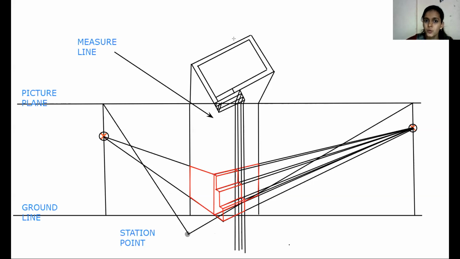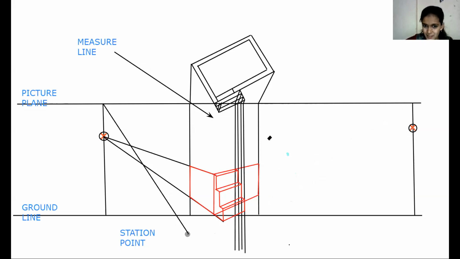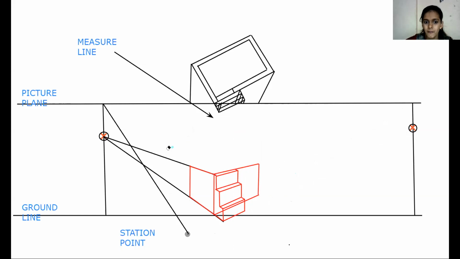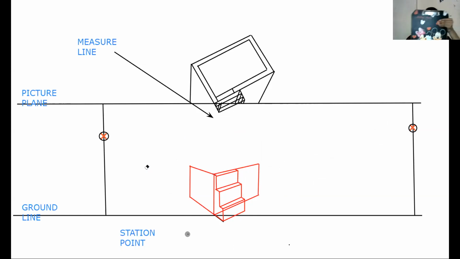And now I'm going to erase all these black projections so that you can see our perspective view only. Okay, this is the perspective view of the steps. But it looks like there is a silly mistake. Let me remind one thing. Now it's a board and here is a notebook.